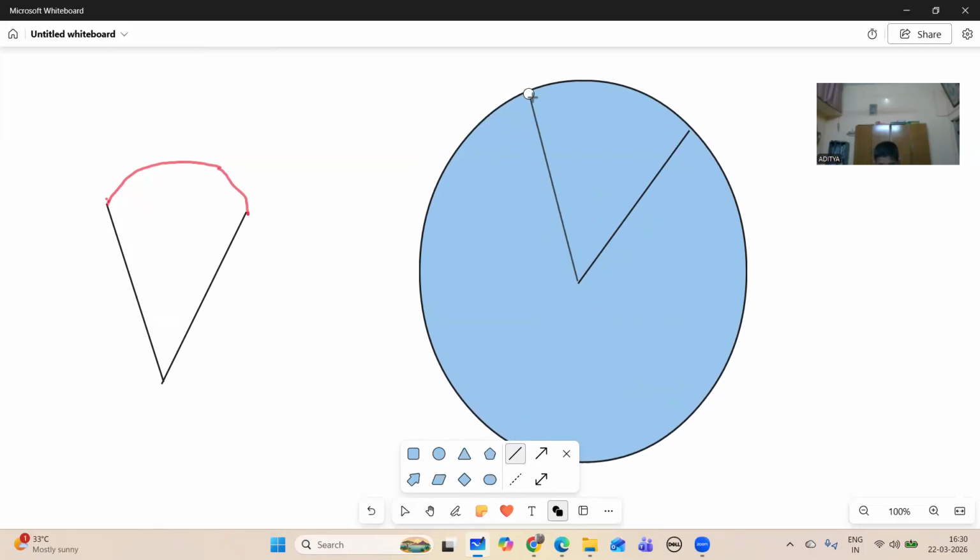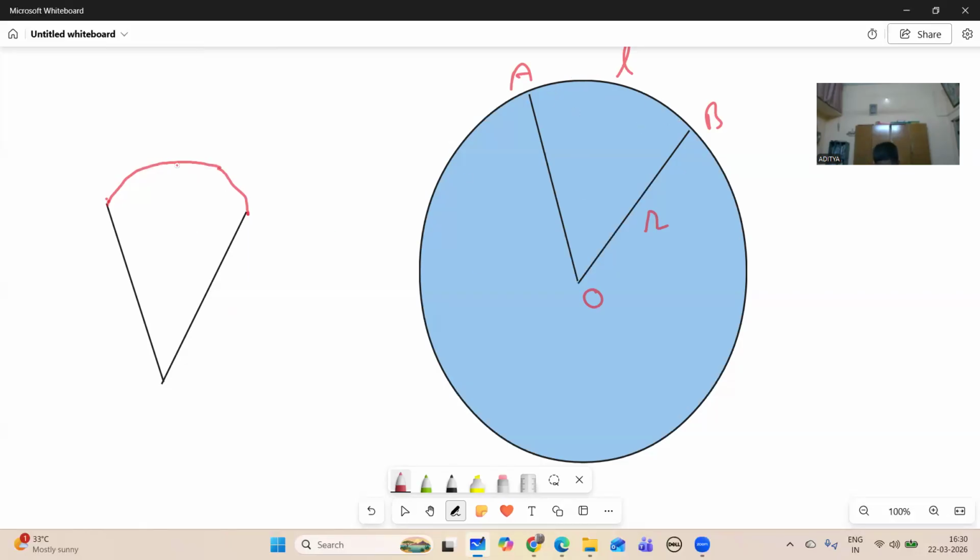Let me name these points: capital A, capital B. I'm taking a circle with center O and radius small r. I'm considering these two radii and this portion of the circle, the curved portion AB.